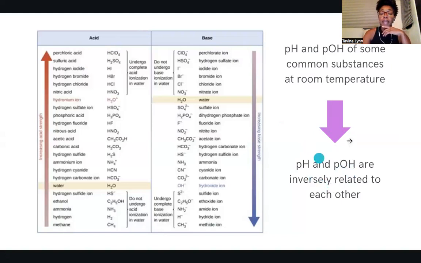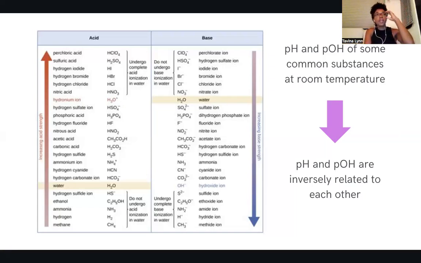And in this way, pH and pOH are inversely related to each other. If we have a really strong acid, such as perchloric acid, which I don't remember what that pH is, but let's just say the pH is 2, then the pOH would be, I'm sorry, let me rephrase. If we have a strong acid, it would be a lower pH. So if we have a pH of 2, then the pOH would be really high.